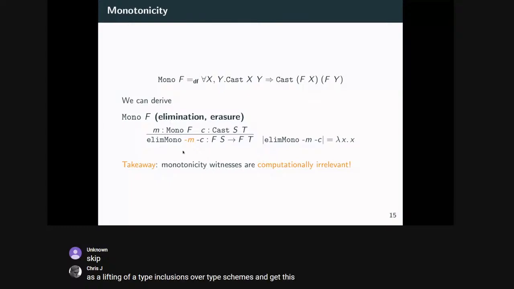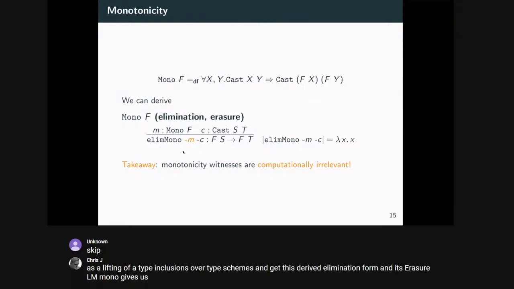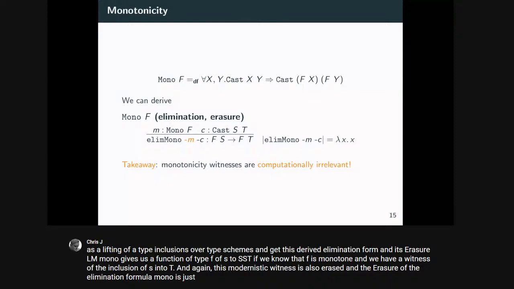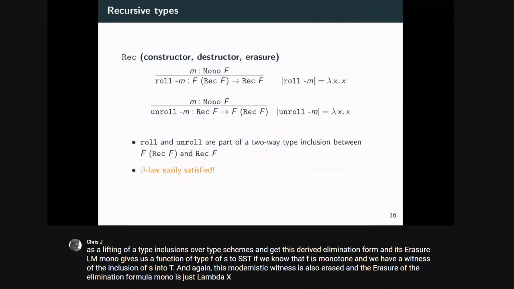Elim mono gives us a function of type F of S to F of T if we know that F is monotone and we have a witness of the inclusion of S into T. And again, this monotonicity witness is also erased, and the erasure of the elimination form elim mono is just lambda x. x. So the takeaway here is that monotonicity witnesses are also computationally irrelevant.